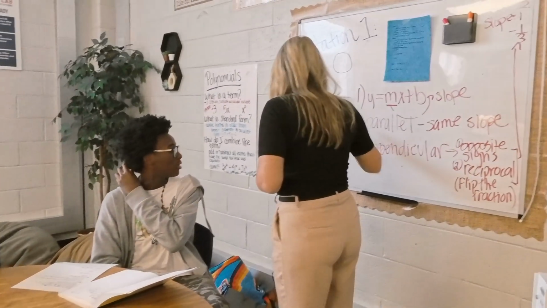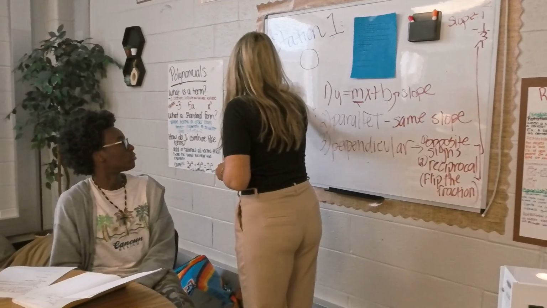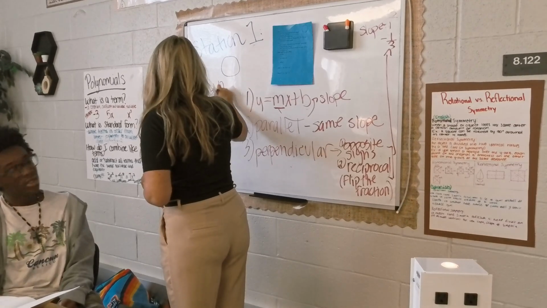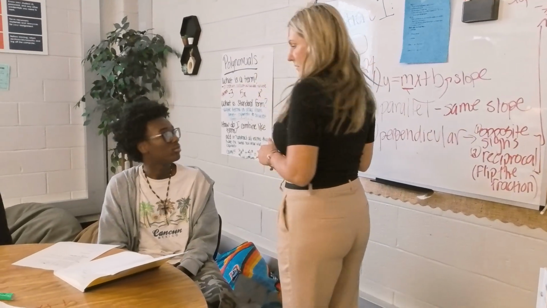Let me do it right here. Okay. So it's -4x equals -24. Okay? So what am I going to do?